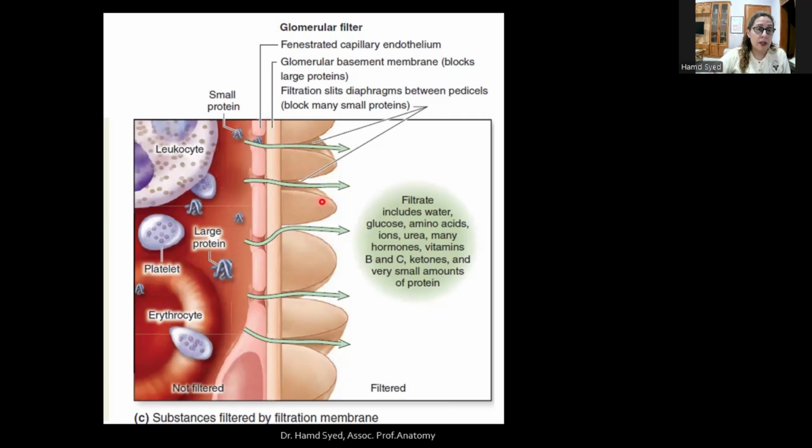And this is the barrier across which the blood is going to be filtered. And we can see the arrows there are pointing towards the direction of the formation of the filtrate.